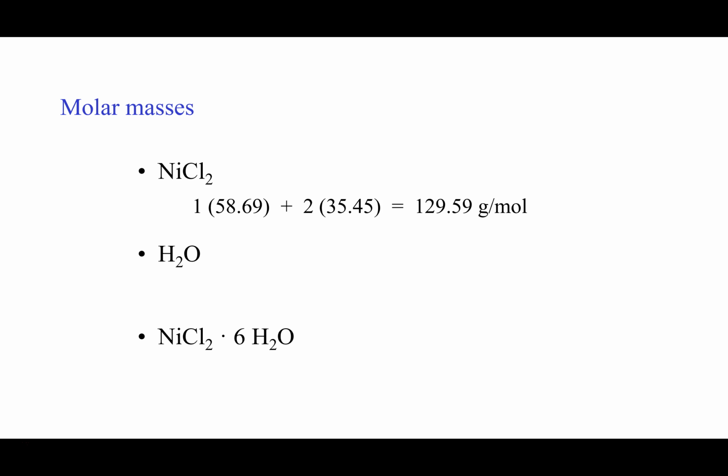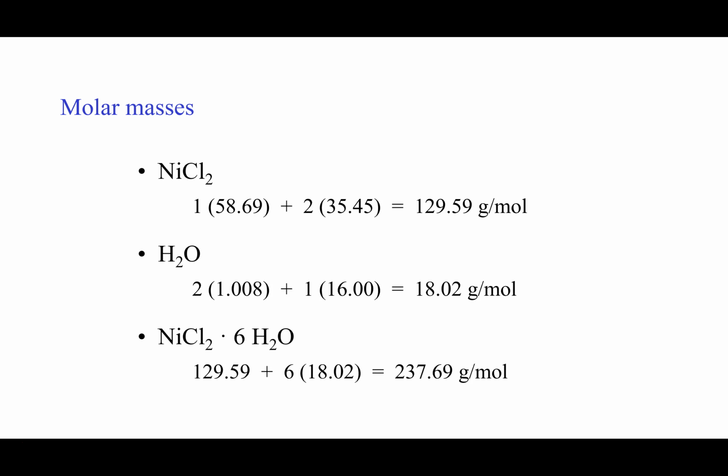Molar mass of water, sometimes when you guys get started, you're like, I got that one memorized. So water, we'll take 2 times 1.008 for hydrogen, plus 1 times 16.00 for oxygen. So for water, the molar mass is 18.02 grams per mole. Then for the whole thing, how do we do it?